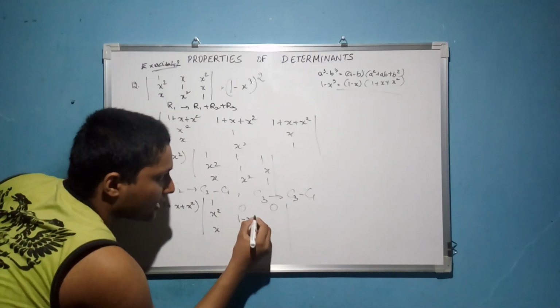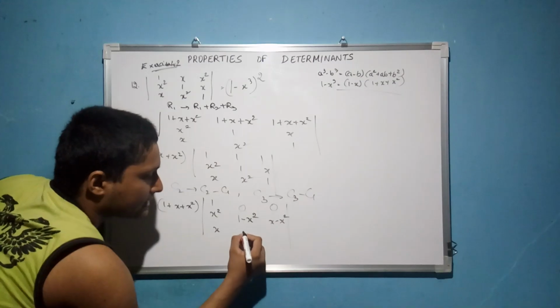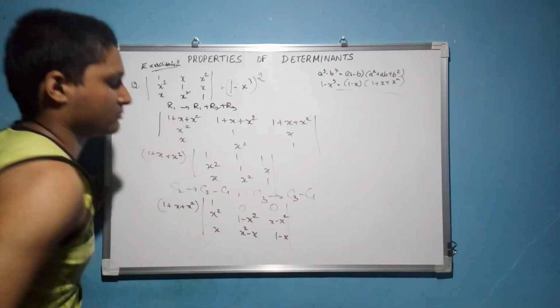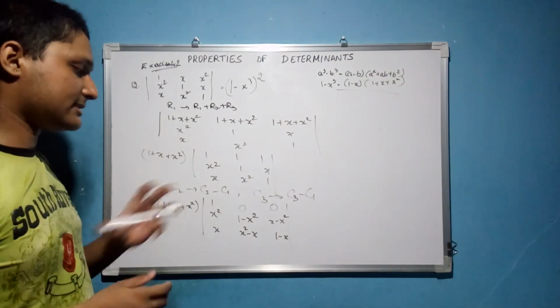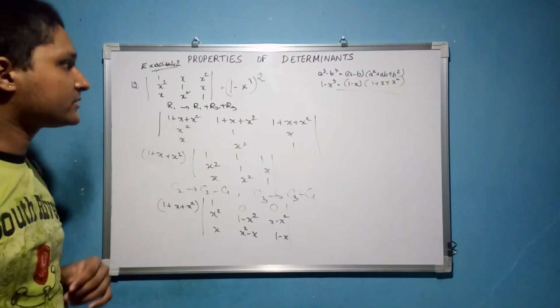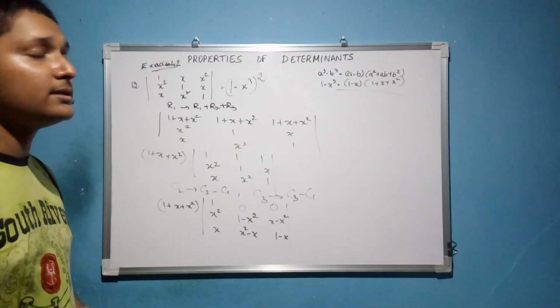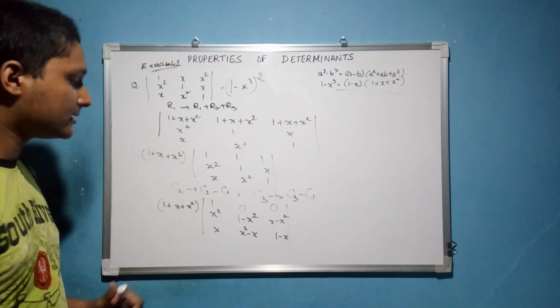This is 1 minus x square. This is x minus x square. This is x square minus x. And this is 1 minus x. Okay, somehow some common factor I need to take it out, otherwise it's going to be very irritating. So 1 minus x is a simpler one, rather than getting out somewhere 1 plus x square as one more thing. So 1 minus x is common out of this.